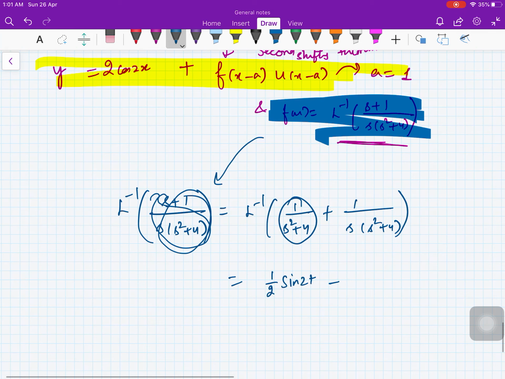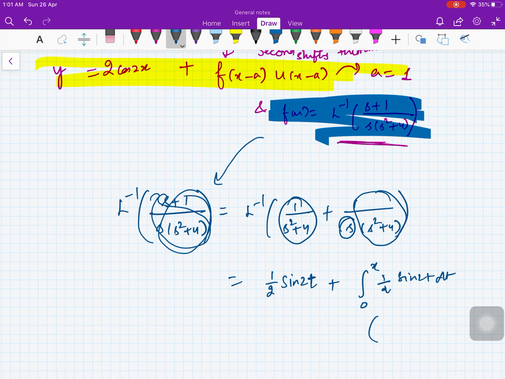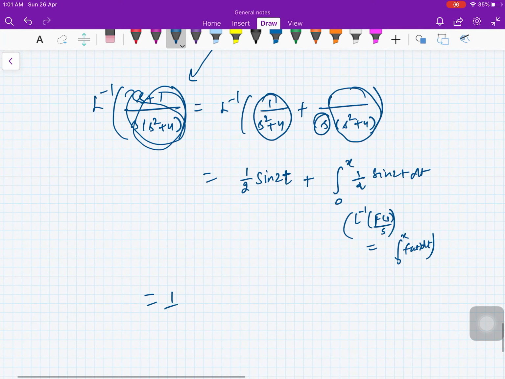This is equal to 1 by 2 sine 2t, and when you divide by s, you integrate from 0 to x of the Laplace inverse, that is sine 2t dt. Here I am using the property that L inverse of F(s) by s is the integral from 0 to x of f(t) dt.